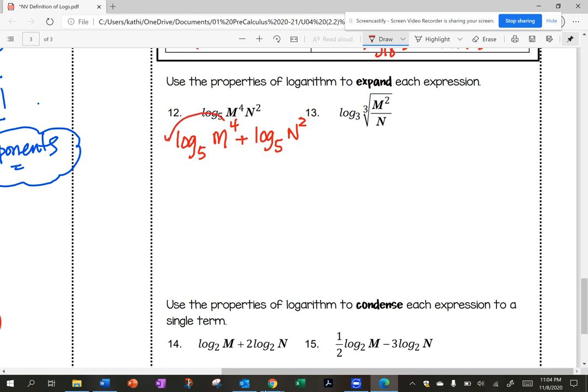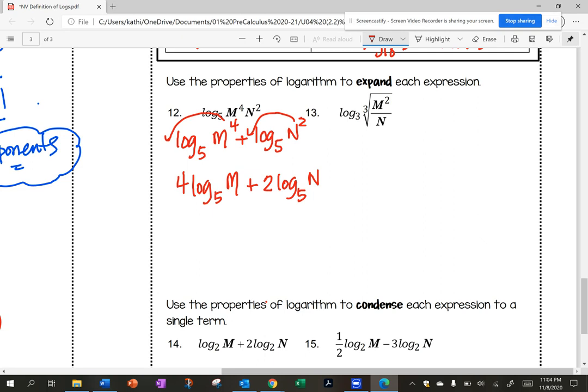Next, I'm going to bring my exponent in front. So this is going to be 4 log base 5 of m plus 2 log base 5 of n. So this is one where I'm multiplying.